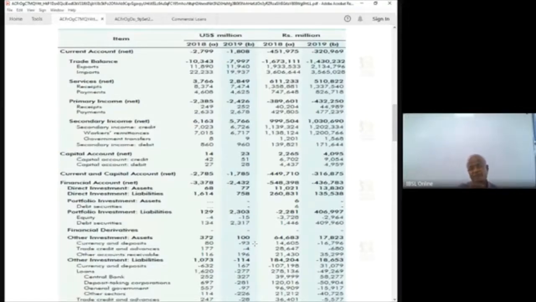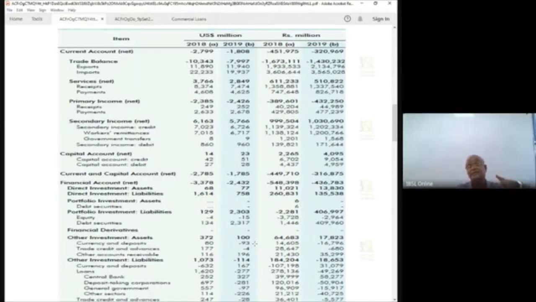Tourist earnings definitely. The next annual report you can see in April when it is coming. Work remittances will show a huge drop, around 3 to 4 billion. It was 7.0 billion in 2018, 6.7 billion in 2019.